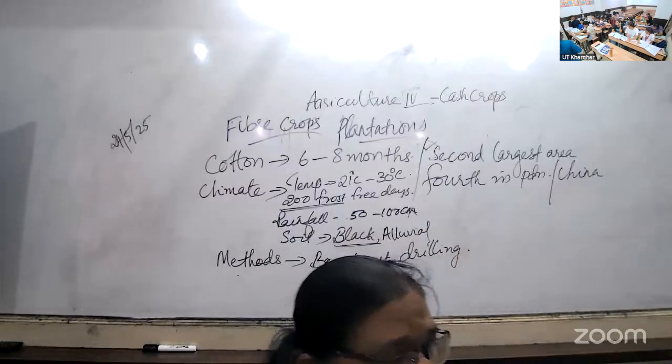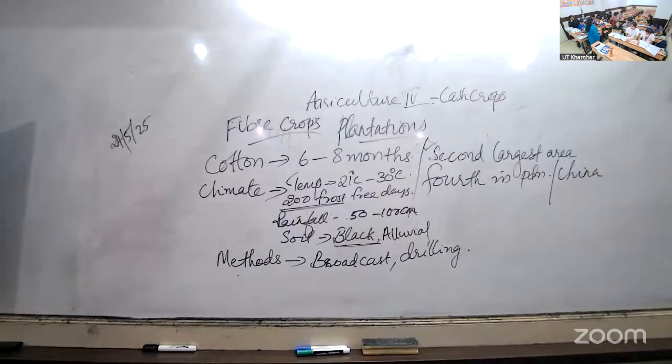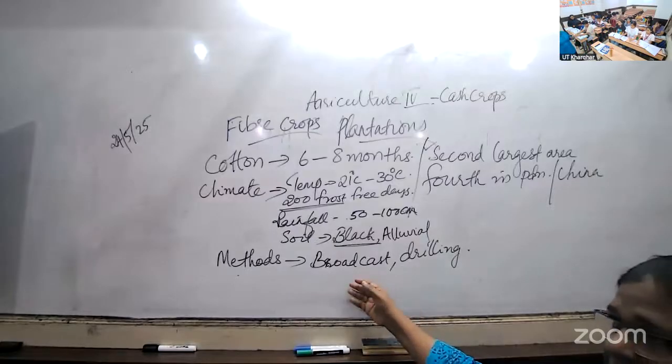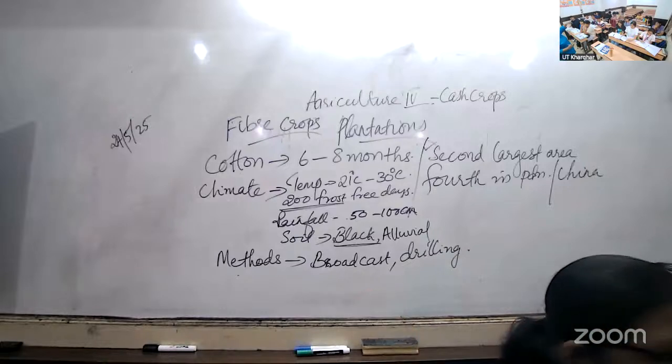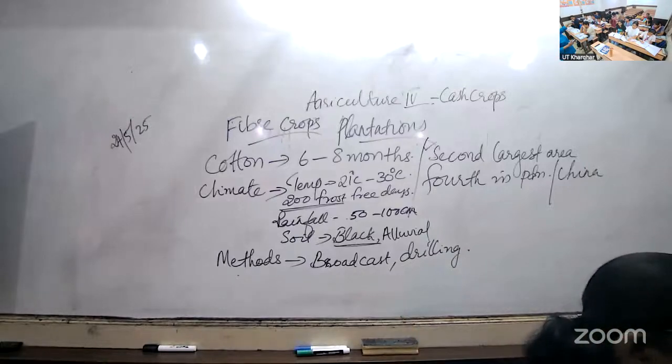These are the two methods, broadcasting and drilling method. Can you tell what is broadcasting? So spreading, scattering the seeds, that is the broadcasting method. Or the drilling method, drilling in to put the seeds.